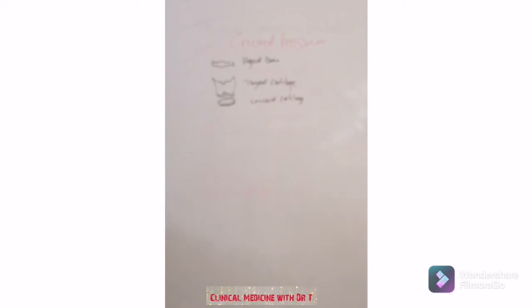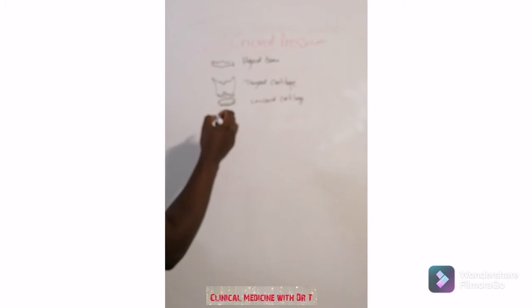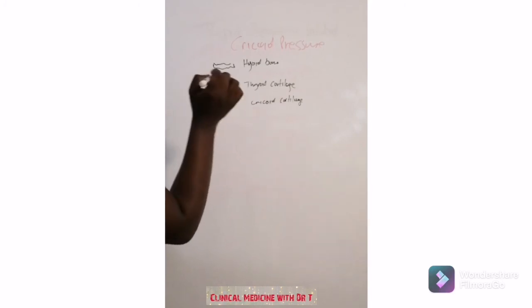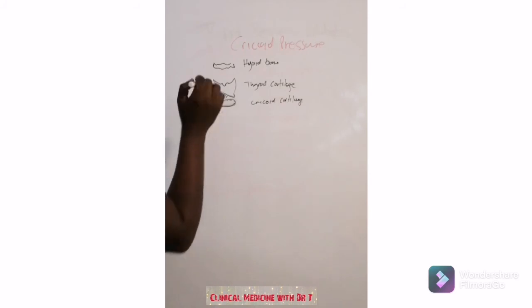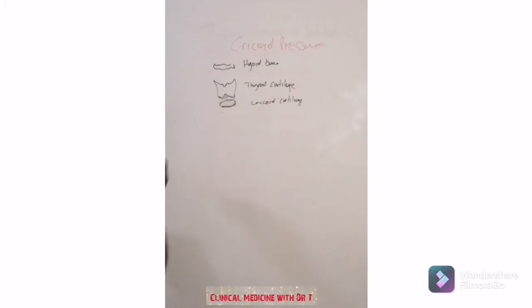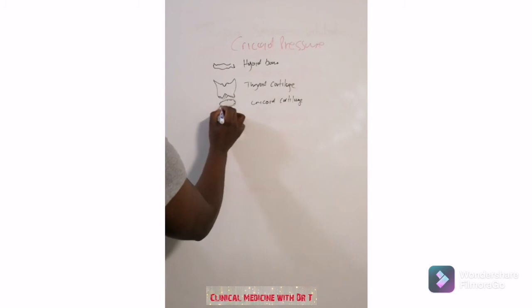This landmark of the cricoid cartilage is very important, because in the event where you need to do a tracheostomy, this is still the landmark that you use, because this is the area where you need to poke in that cannula. If you are doing a surgical one, this is where you make your mark, just above the cricoid cartilage. So it's an important landmark, and you need to know where to find it.